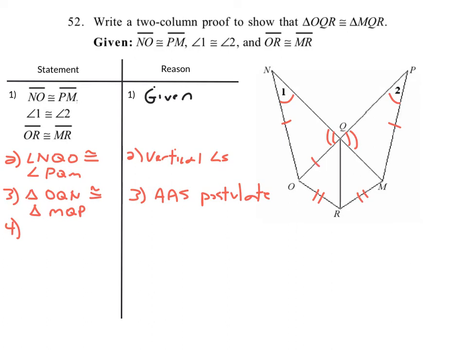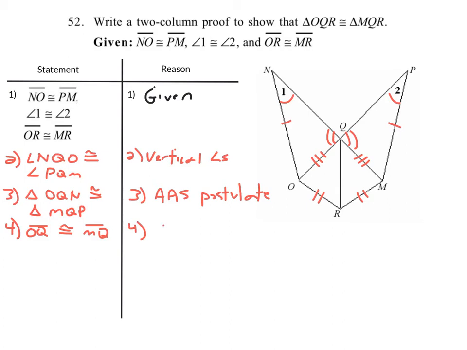we can actually say this, watch. We could say this right here. Those two are corresponding sides on those two congruent triangles. So we can now say segment OQ is congruent to segment MQ.